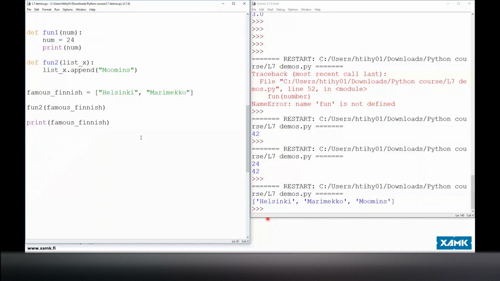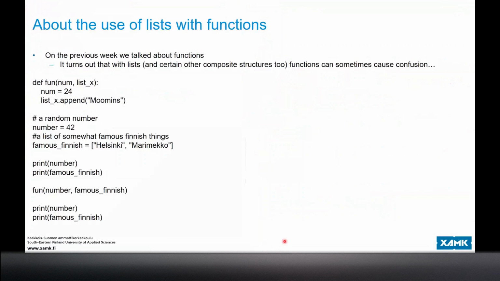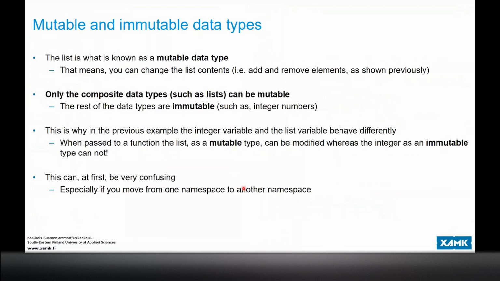Now, to explain how this works, we should take a look at a little bit of theory. So this has to do with something called mutable and immutable data types. Mutability is a property that means whether you can change the content of some variable or not.